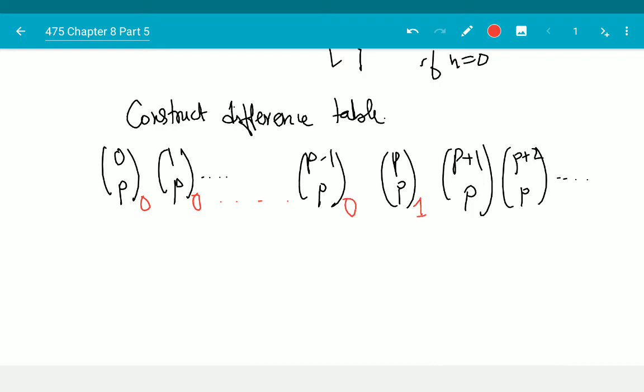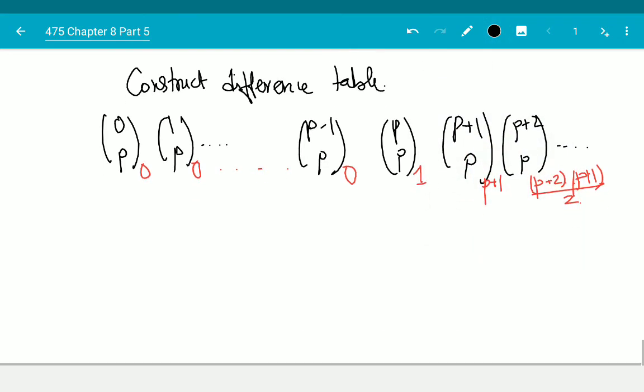Then you hit a 1. Then you hit a p plus 1. Then what do you get? p plus 2 choose p is going to be p plus 2 into p plus 1 over 2, and so on.